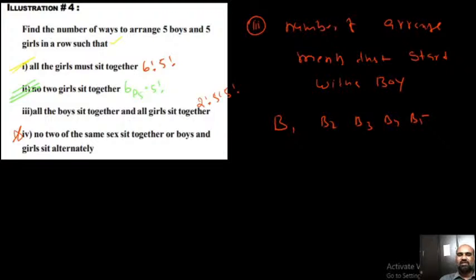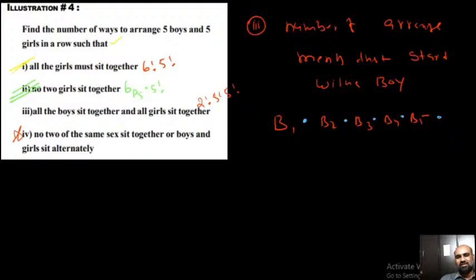Now how many places are there for girls? 1, 2, 3, 4, 5. 5 places, 5 girls, who can arrange themselves in 5 factorial ways. B1 here only, B2 here only, and so on; the boys can change their places in 5 factorial ways. So 5 factorial into 5 factorial ways you can arrange so that a boy sits first.